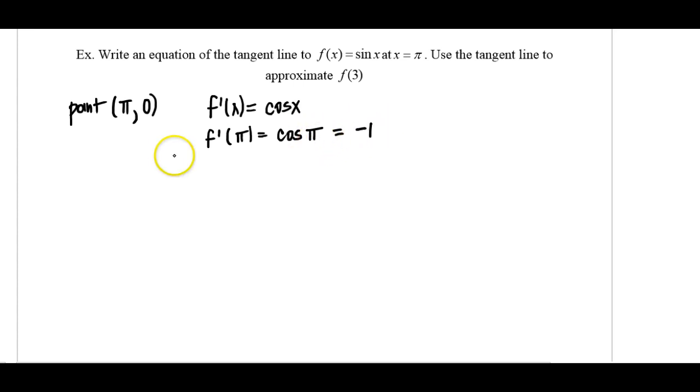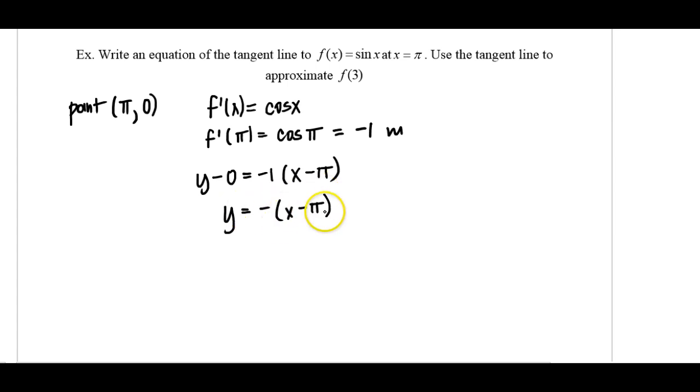So pi is on the left side of the x-axis, right, where our cosine value is the x-coordinate, and that value is -1. So that's my slope m. So this is my slope, and this is my point. I can plug it into y minus y1 equals -1 times x minus x1. So now, since there's a 0 on the left, this is really y equals negative x minus pi.